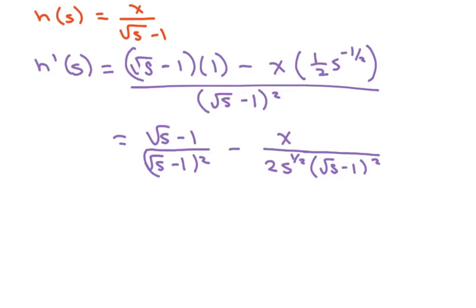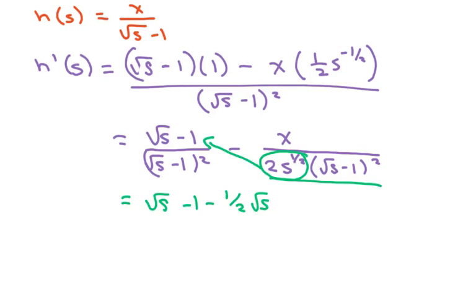So my least common denominator is this one. So I'm basically going to multiply this by this portion. And to get that common denominator, you're going to get square root of s minus 1 minus 1/2 square root of s all over 2 times square root of s minus 1 squared, well, I had the half right here, so I'm going to move that 1/2 down here.